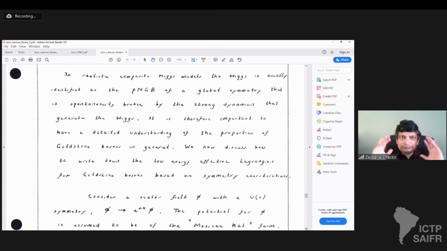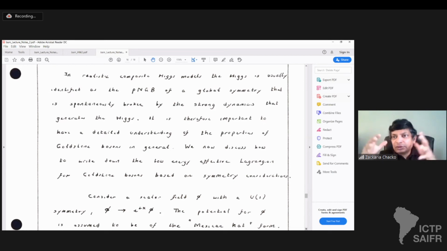Okay, so in realistic composite Higgs models, the Higgs is usually identified as the pseudo-Nambu-Goldstone boson of a global symmetry that is spontaneously broken by the strong dynamics that generates the Higgs. Okay. But what that means is it's very important to have a detailed understanding of the properties of Goldstone bosons in general.